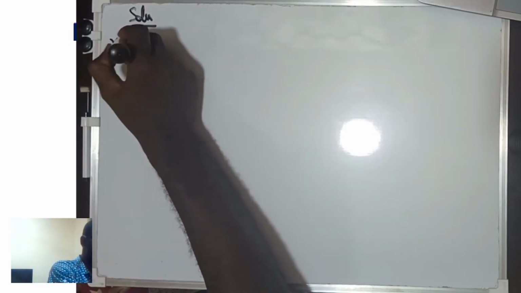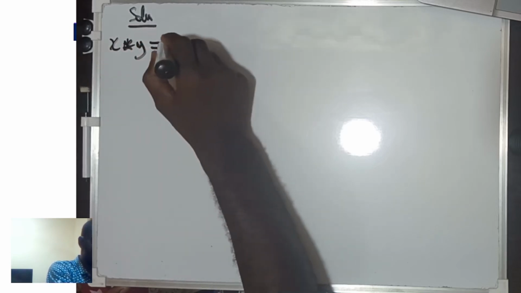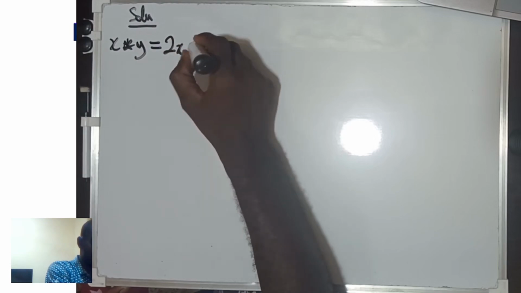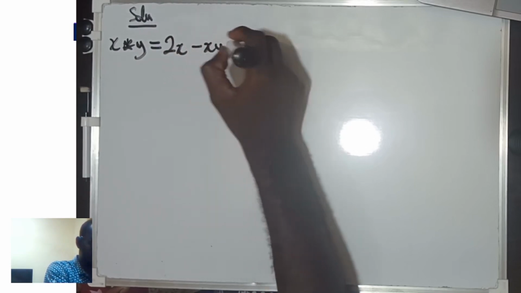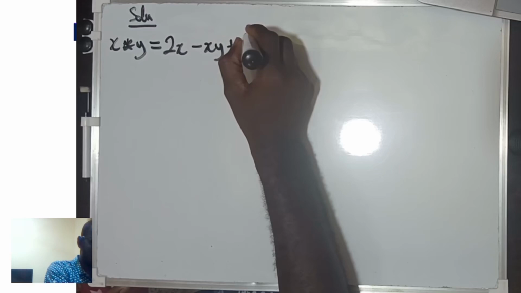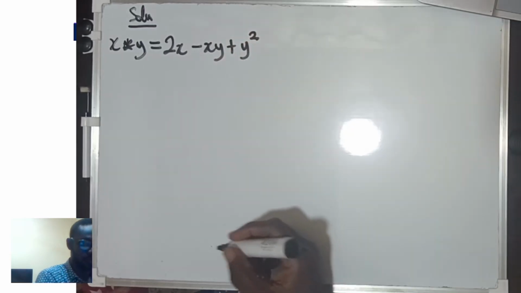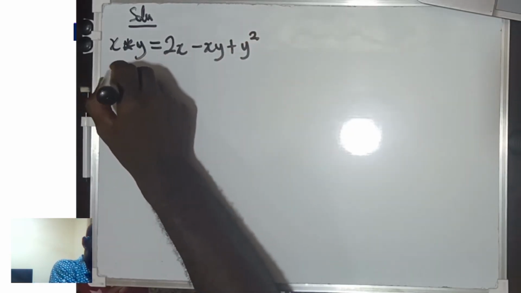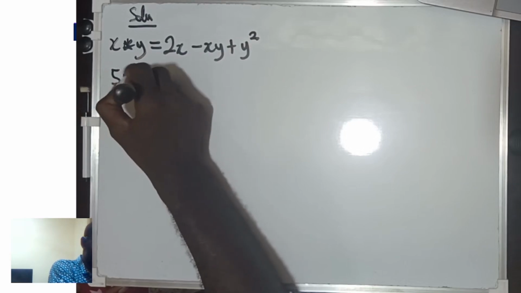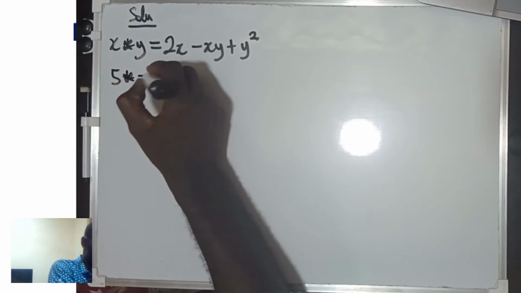So remember, we always have to state the definition that they've given to us in the binary operator. And this one says that x star y equals 2x minus xy plus y squared. We have to evaluate 5 star negative 2.